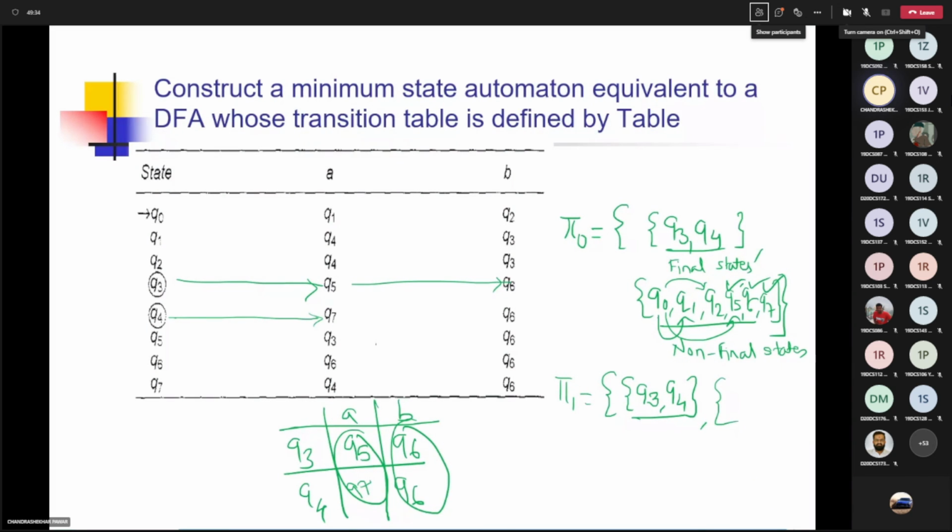Is it pi 2 or pi 3? Sir, pi 2. Pi 2 is equivalent with pi 3. Yes. So here the last is pi 3, and we are going in reverse, so pi 3 is equivalent with pi 2. So you need to stop. Clear?